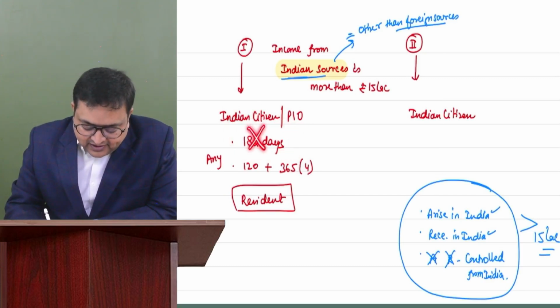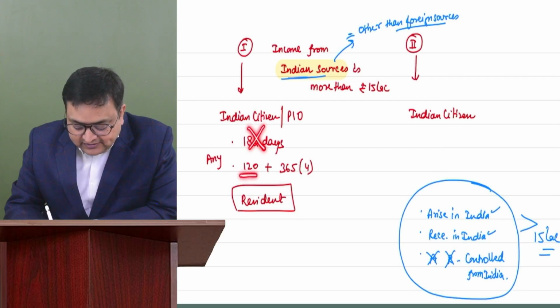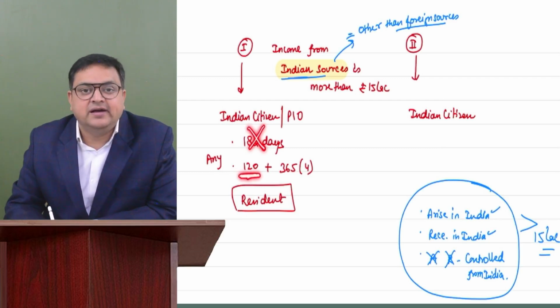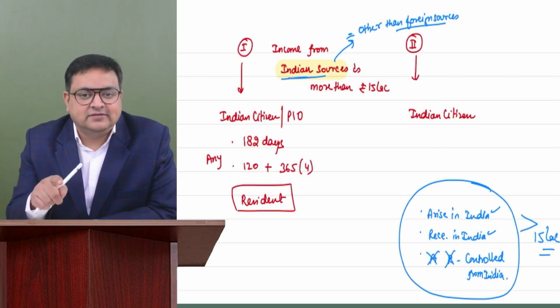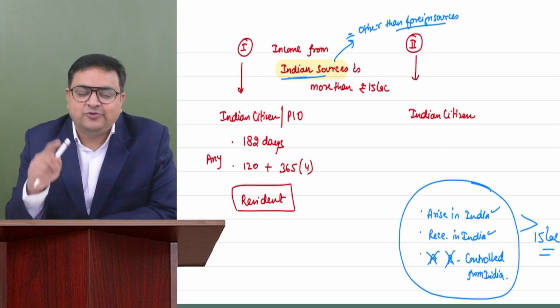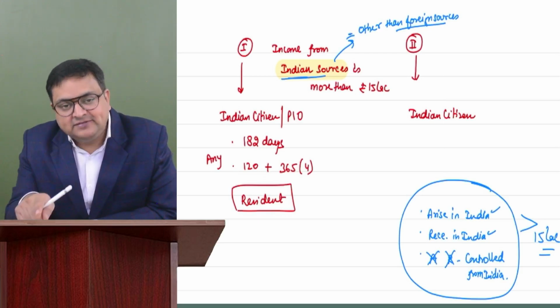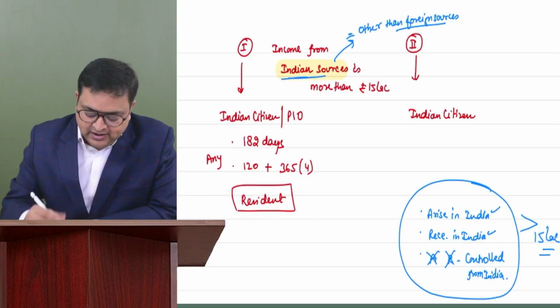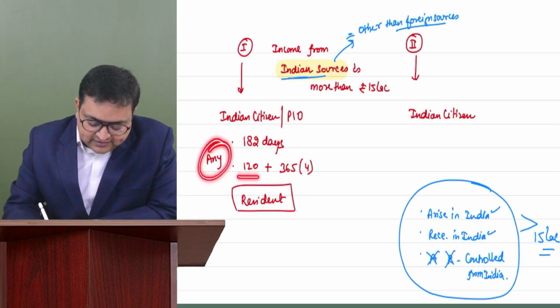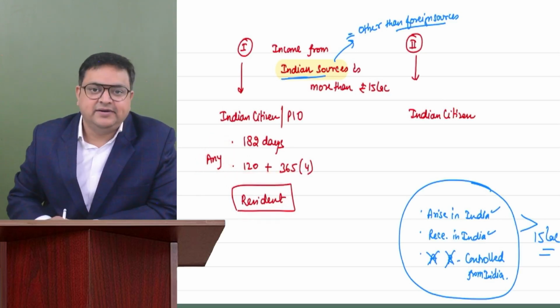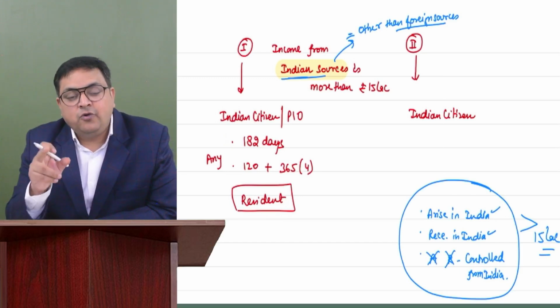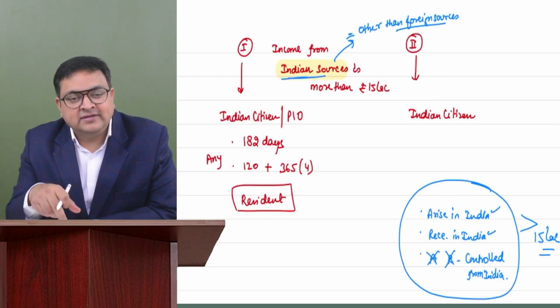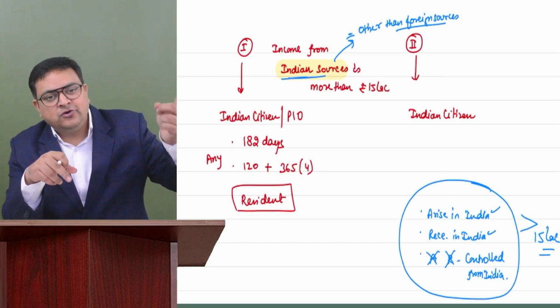If this condition is not satisfied, but he or she is in India for at least 120 days or more during the previous year, plus 365 days or more in the last 4 years, then if any of the conditions is satisfied, the assessee would be a resident. And how will we check ordinary or not ordinary in this case? Should we check 730 days, 2 out of 10? No.